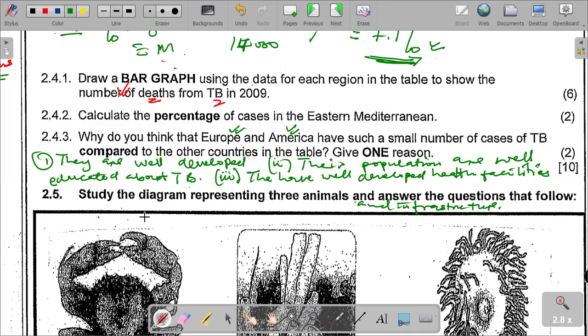We can also put another point, point number 4.